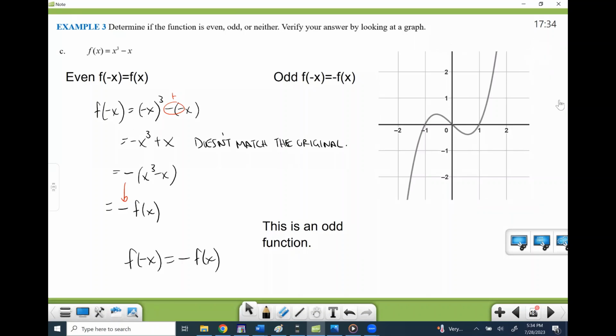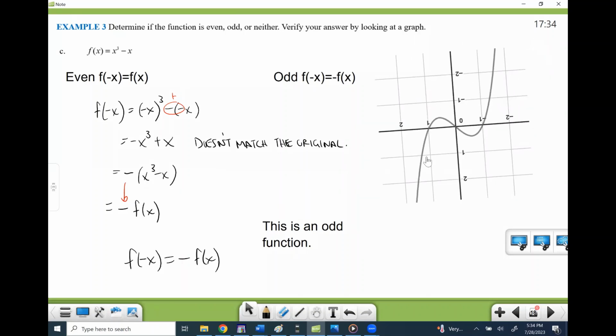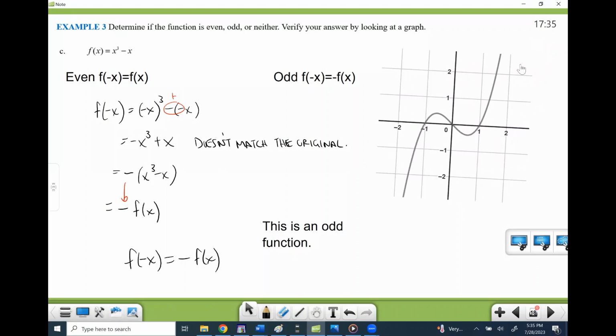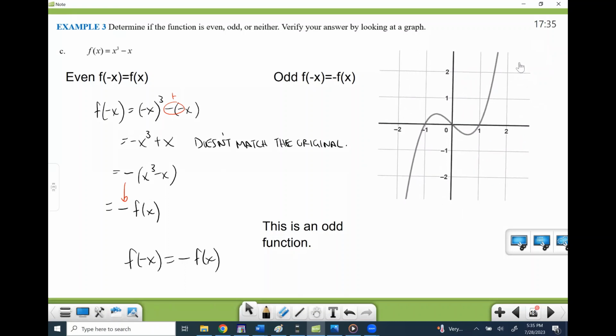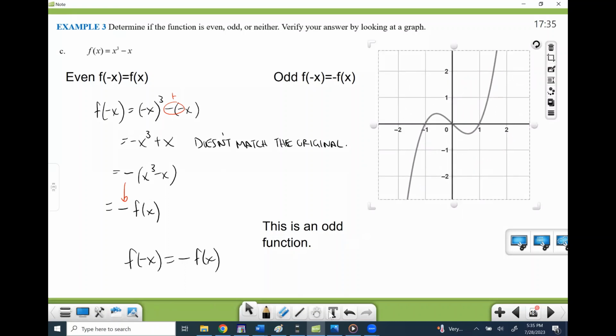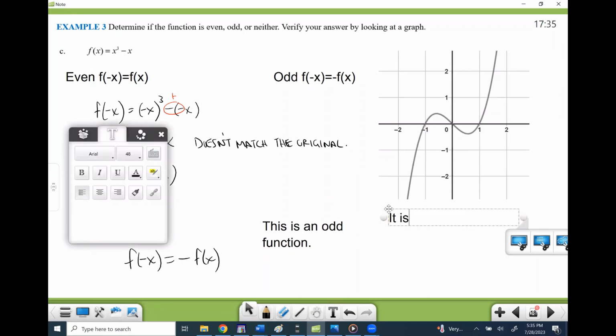Perfect, right? Right side up, upside down. That's the exact same graph either way, right? It is symmetric to the origin, so it's odd. Cool. All right.